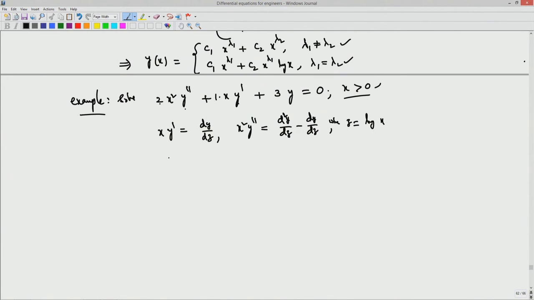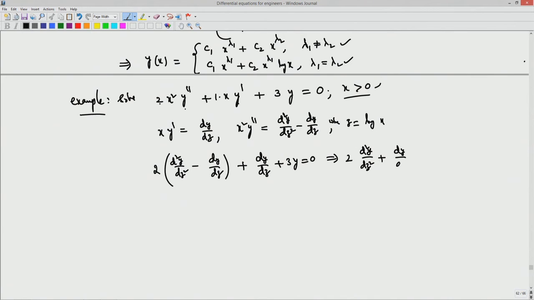So you substitute, and you will have 2 times d square y by dz square minus dy by dz, plus x y dash which is dy by dz, plus 3y equal to 0. This gives me 2 d square y by dz square plus dy by dz, since minus 2 plus 1 gives minus 1, wait, the coefficient of dy by dz is minus 2 plus 1, plus 3y equal to 0.